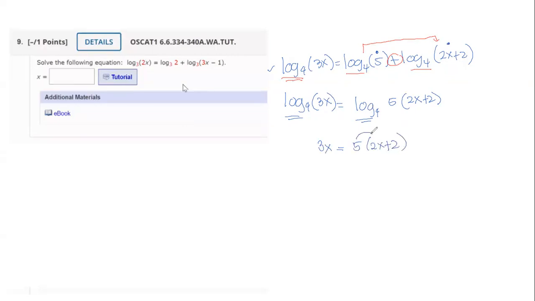Distribute this, copy 3x here: 3x equals 10x plus 10. Minus 10x on both sides, so you have negative 7x equals 10. Divided by negative 7, x equals negative 10 over 7.